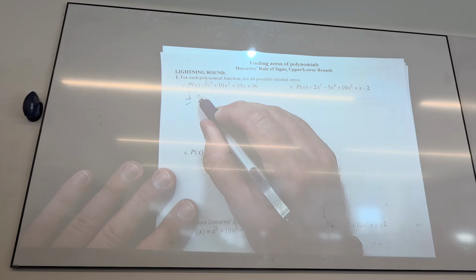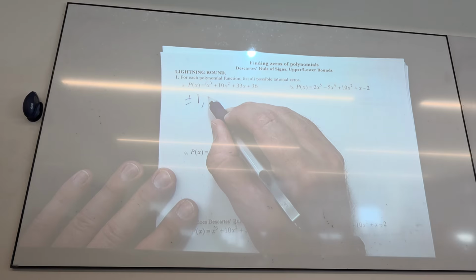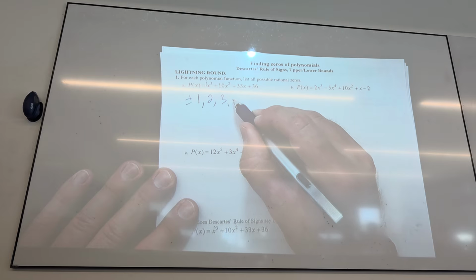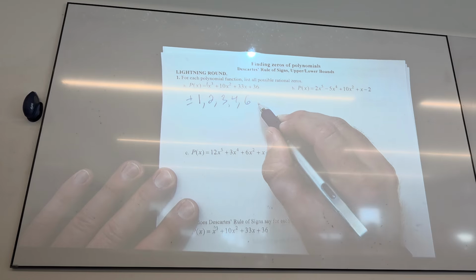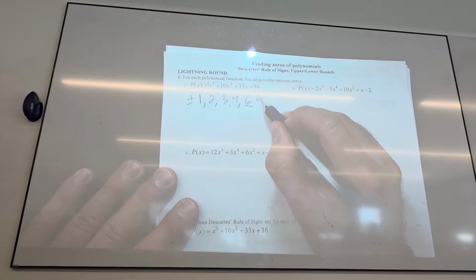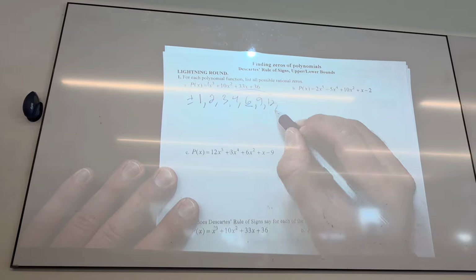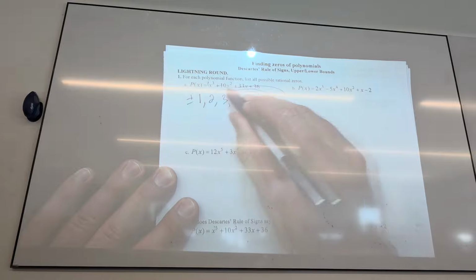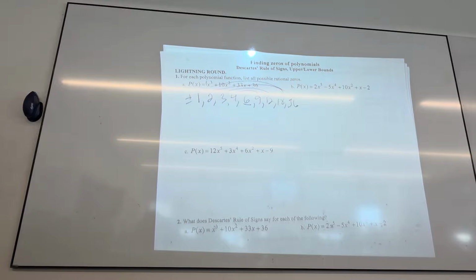So what'd you guys get? 1, 2, 3, 4, 6, and that's the turnaround point because that's the square root of 36. So then 9, 12, 18, 36.